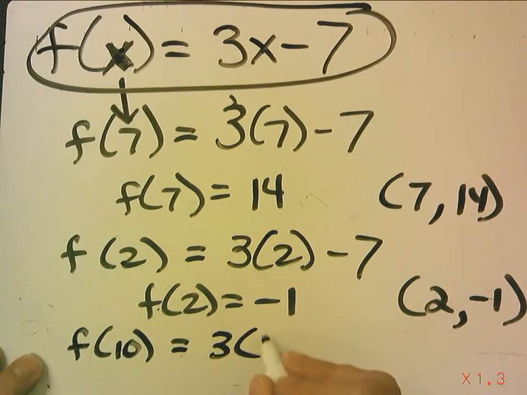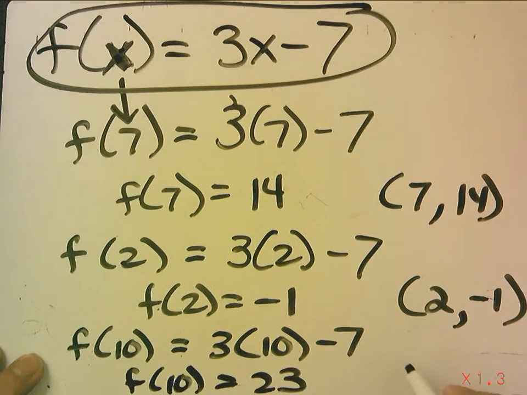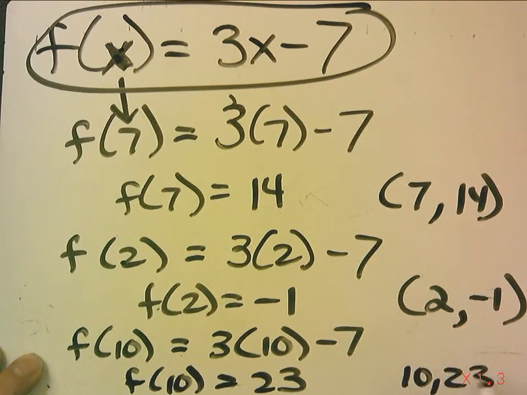So I plug in a 10 for x, and f of 10 equals 23. So again, the ordered pair would be 10, 23. Function notation is used when you want to clearly see which x value gave you a specific y value.